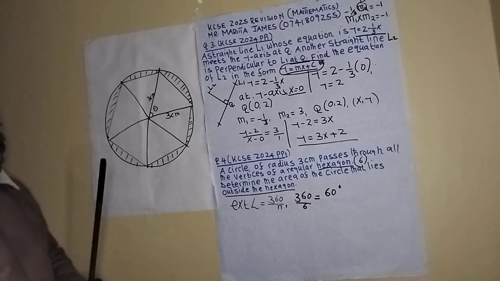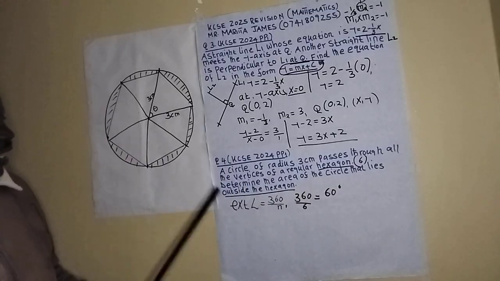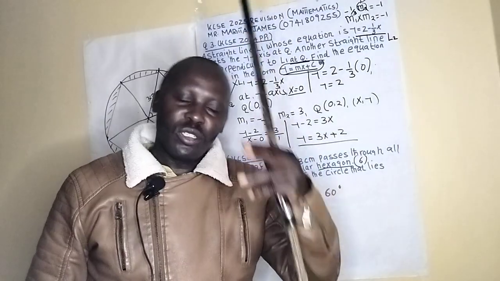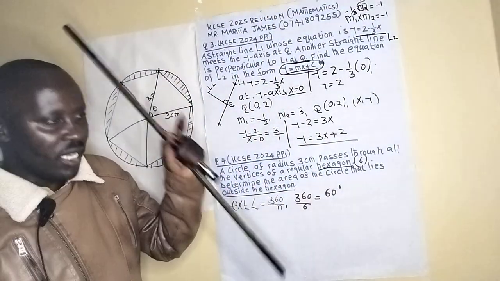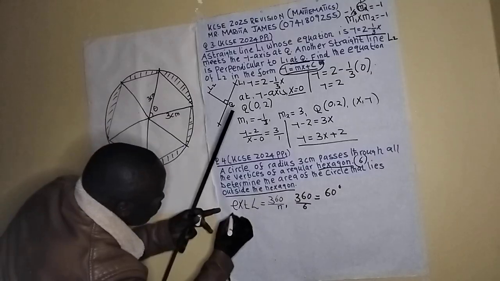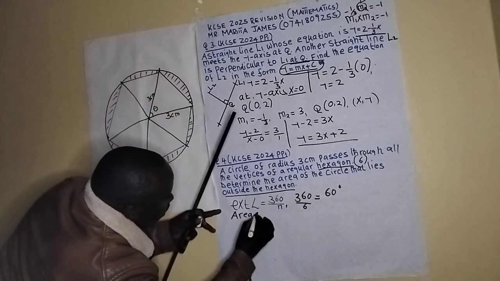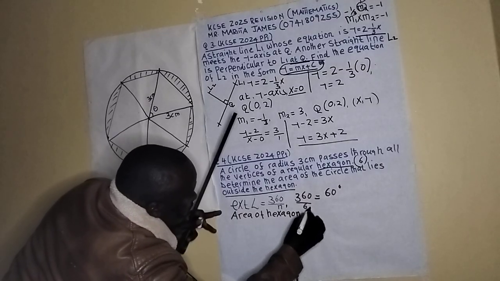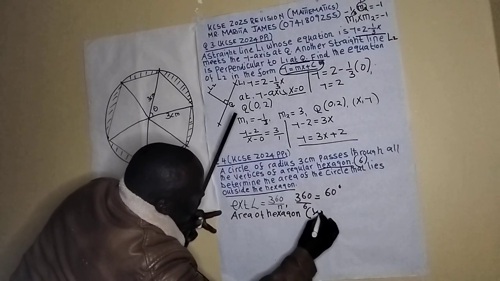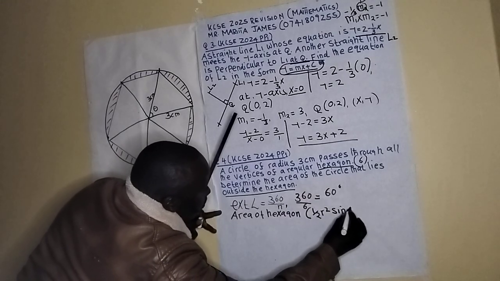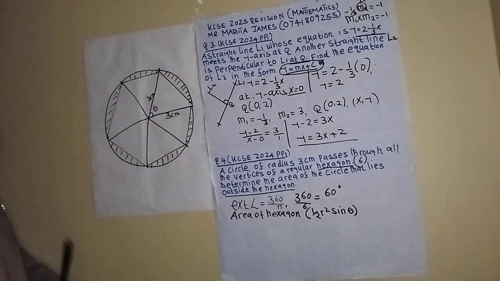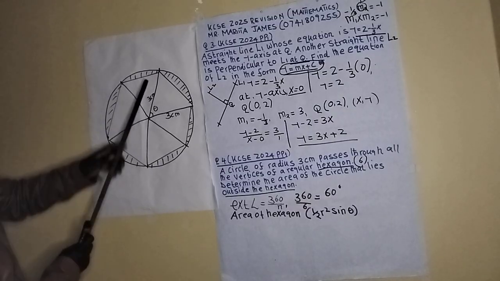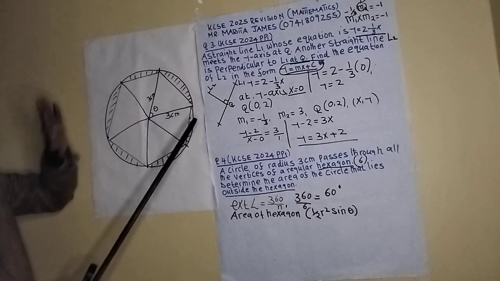To get the area of the circle that lies outside the hexagon, you go through 3 steps. First, you get the area of the hexagon, which is given by half radius squared sin theta. We take this one triangle, but remember we have 6 of them.